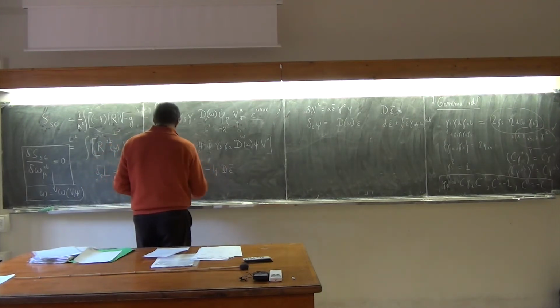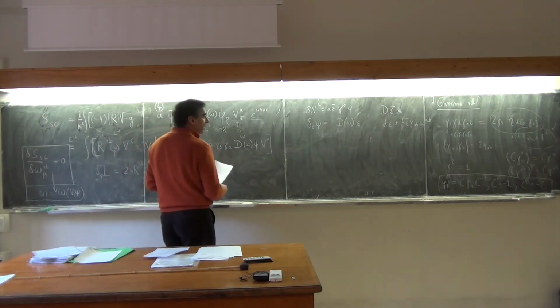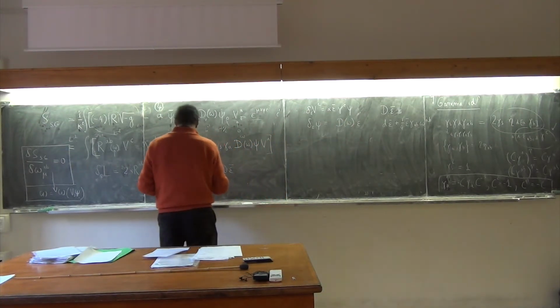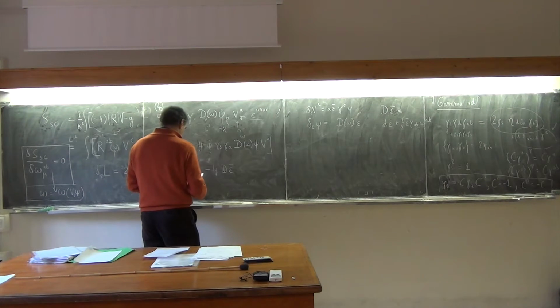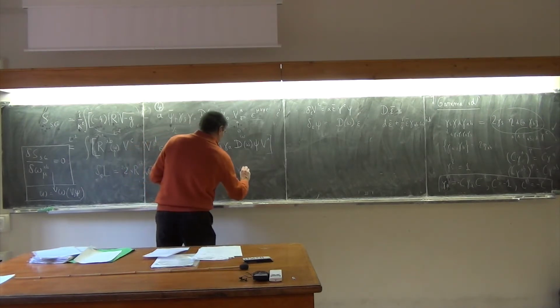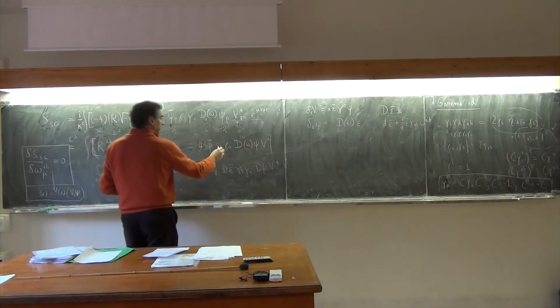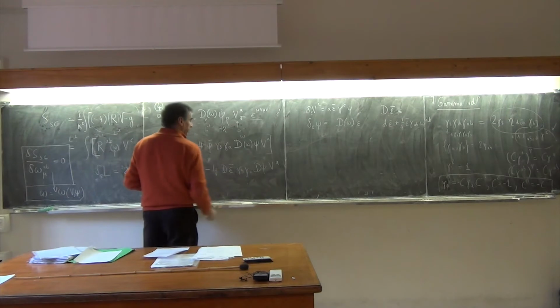You can verify that this is the correct variation when you take the bar of this and the bar of this. Minus 4 and gamma_5 gamma_A, D psi^A is the rest that I have here, gamma_5 gamma_A, D psi^A.